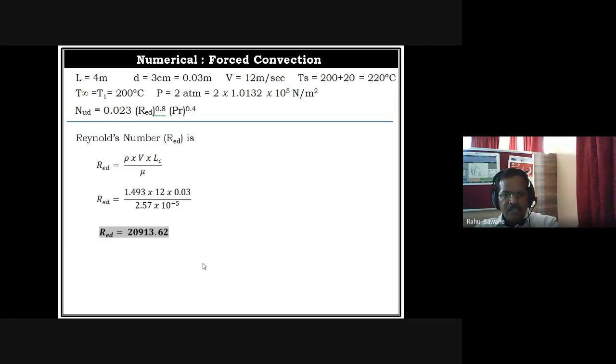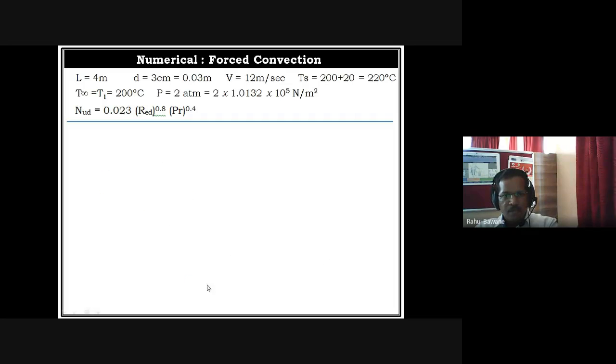Now the Reynolds number is given. We know that if the Reynolds number is greater than 4000, the flow is turbulent in nature. So we will use our given Nusselt number. Remember, many times two Nusselt number correlations are given, one for laminar flow and a second for turbulent flow. In this particular problem, only one correlation is given.